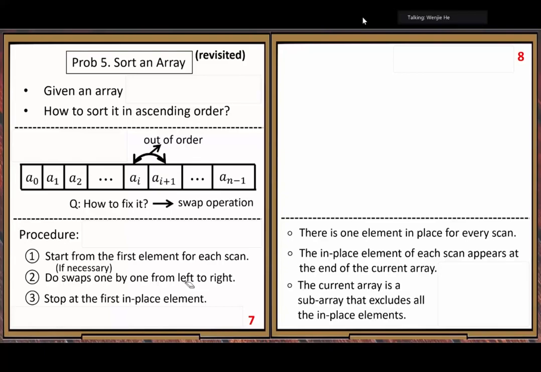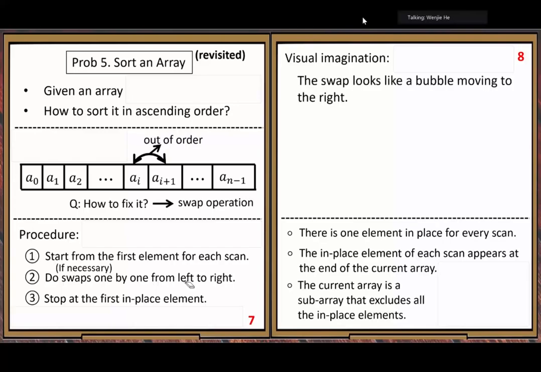Then visual imagination. In your mind, you need to use your intuition to visually understand the whole sorting procedure. Swap looks like a bubble moving to the right.